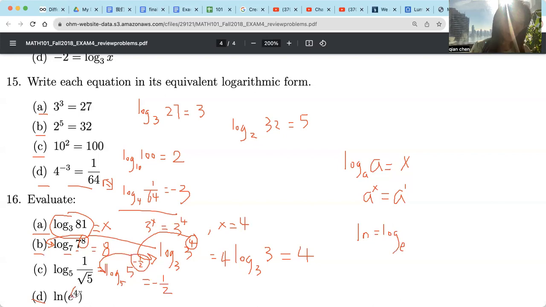So we see e raised by 4. We can pull this 4 up front of ln. So we get 4 ln e. Well, when ln e, the value is e, the base is e, of course that equals to 1. Right? So D just equals to 4 because ln e is 1.